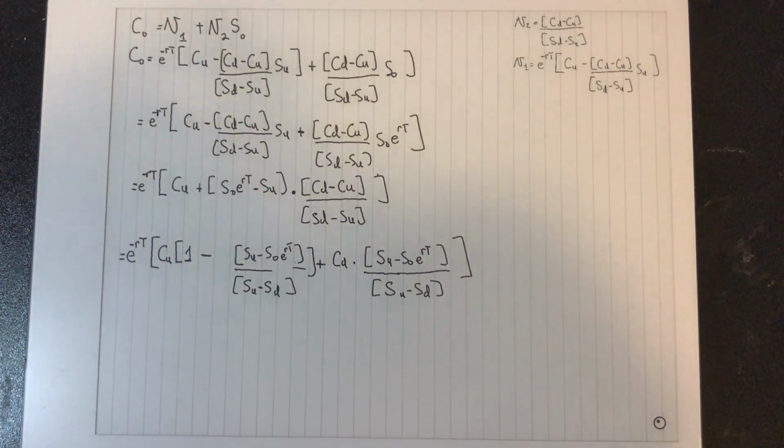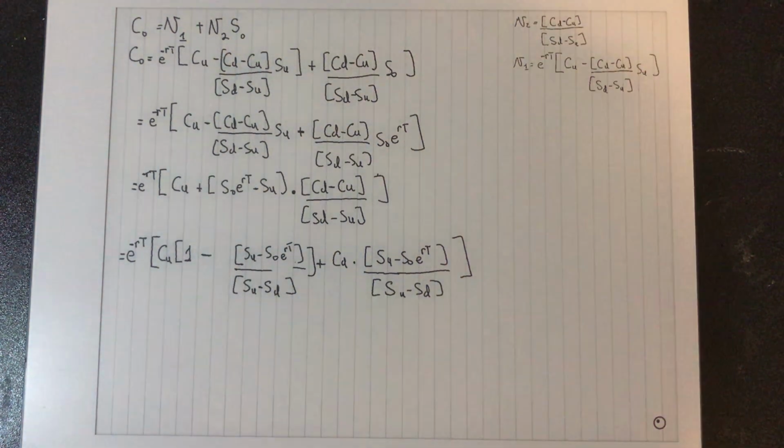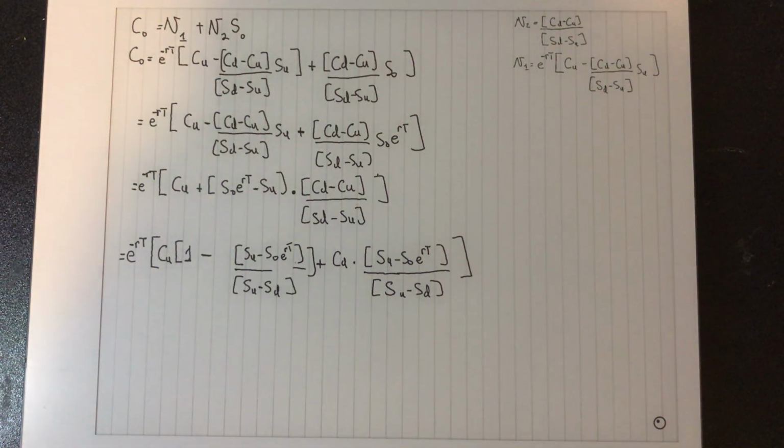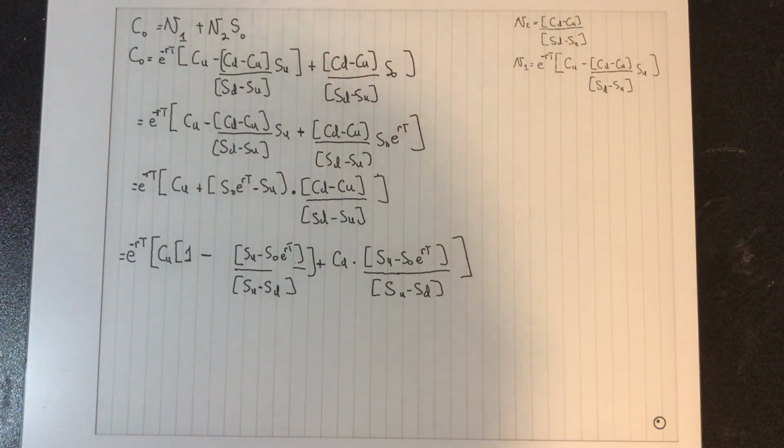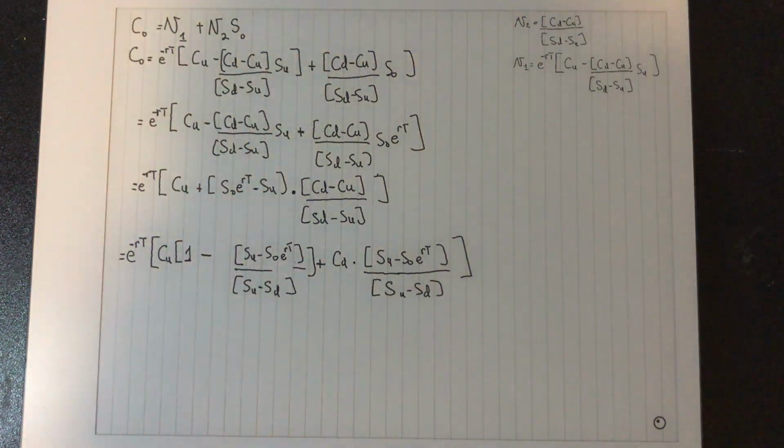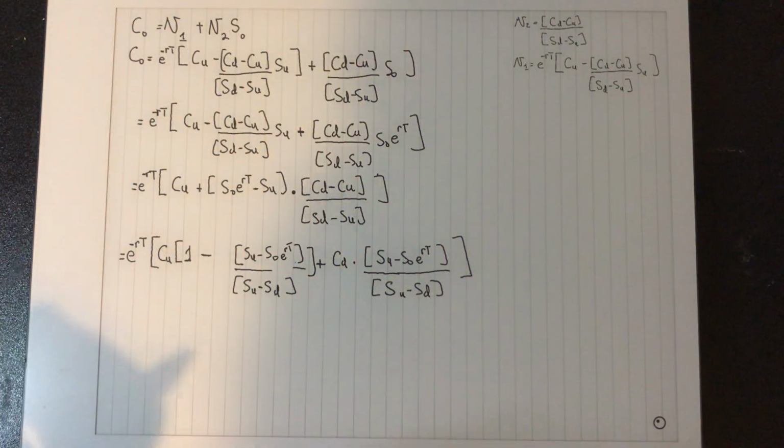Now, thinking a bit about this in terms of no arbitrage in the market, what we notice is that SU, which is the value of the stock in the upward state of nature, has to be greater than the stock invested at the risk-free rate.